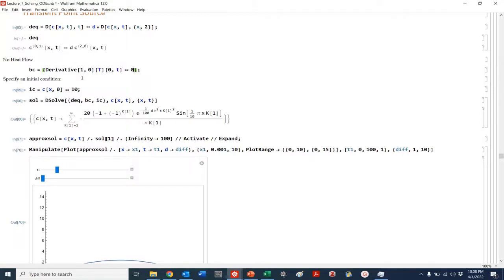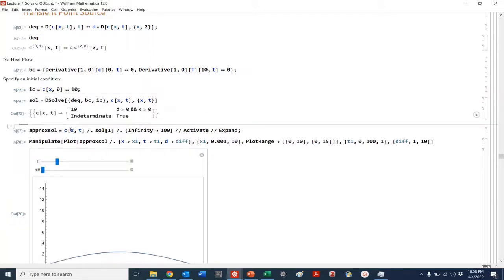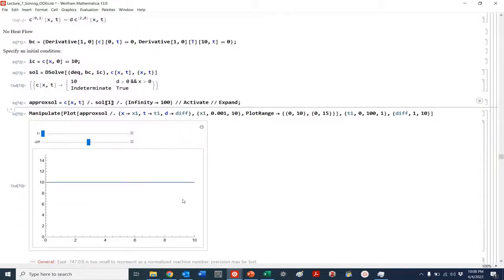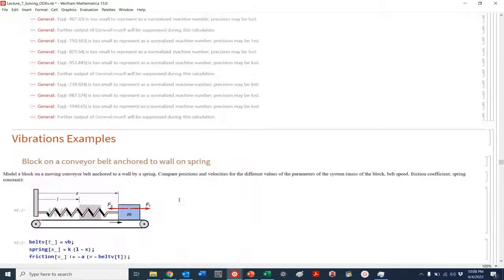If we do no flux boundary conditions now, we solve this as long as D is greater than zero. Actually, that's quite an easy solution. Again, zero flux boundary conditions, they can't get out, so a simple solution.